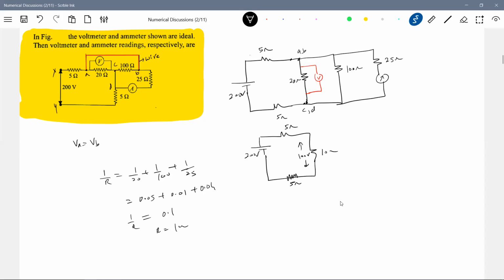So the reading of the voltmeter will be 100 volt. What about the reading of the ammeter? We know the drop is 100 volt. Can we calculate the current? I should be equal to 100 by 25, 4 ampere.